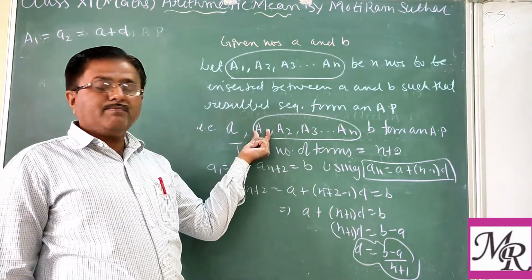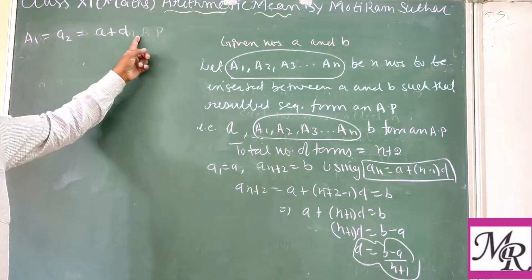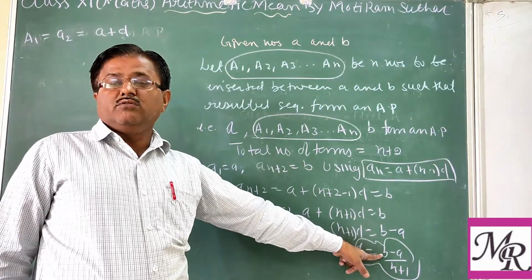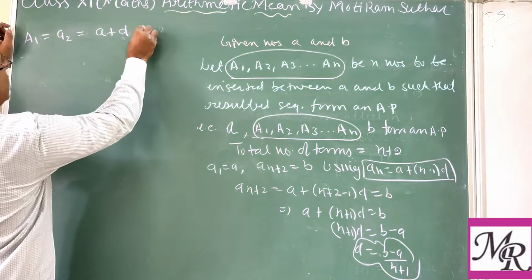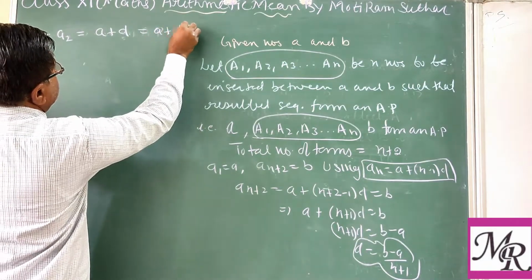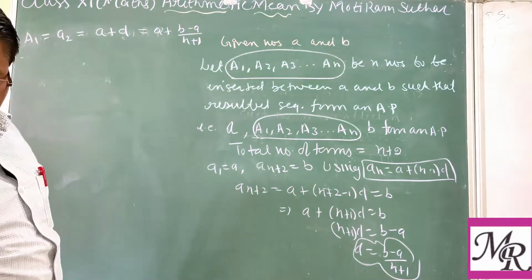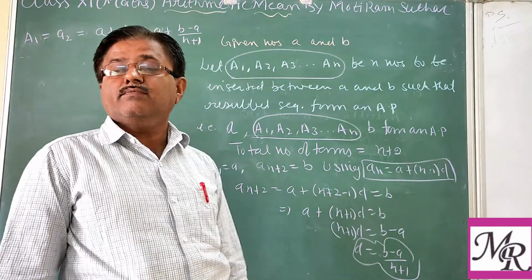The second term in an AP is given by the first term plus the common difference. So what is the common difference? B minus A by n plus 1. So we can write A plus B minus A upon n plus 1. In this way you can find the first inserted term.